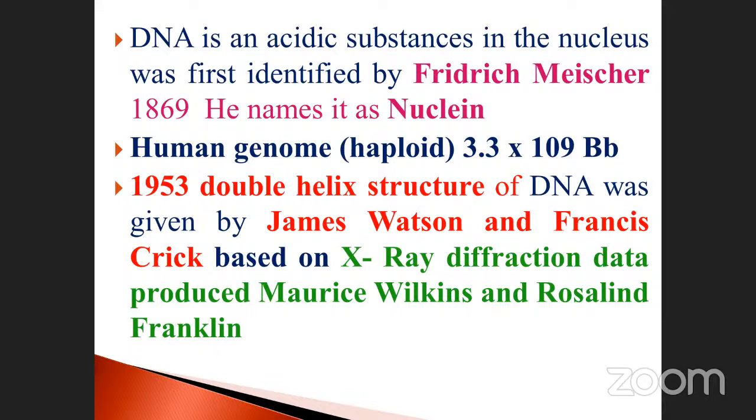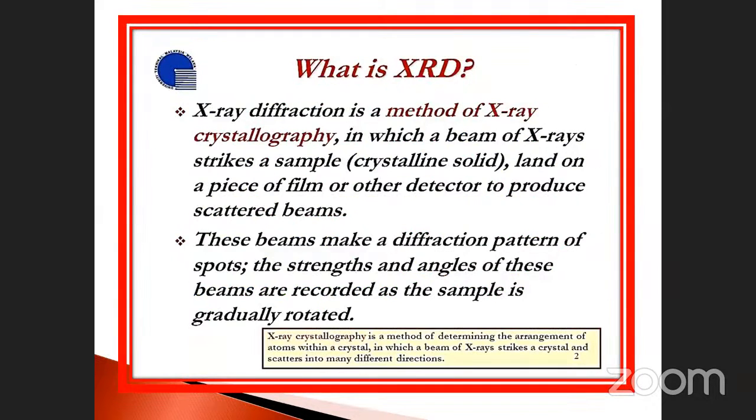The double helical structure was discovered by Watson, Crick and Francis, based on the X-ray diffraction by Maurice Wilkins and Rosalind Franklin. Okay, what is XRD? X-ray diffraction is one of the methods used for crystallography and identification of any solid substances.